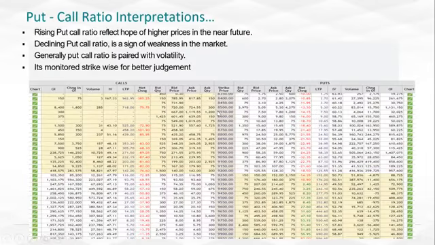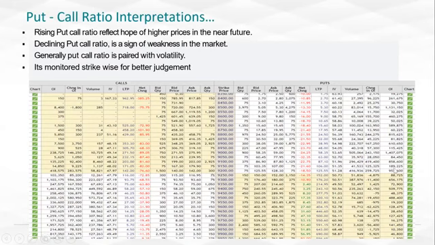Okay, like I said, I'll start explaining everything in detail. So PCR is what? Like we said, total number of put contracts divided by total number of call contracts, and it is usually done with individual strikes. Let's say this is the option chain for Nifty, and we want to see the 9,200 PCR. We go to this: this is the put side and this is the call side. We have covered this already.